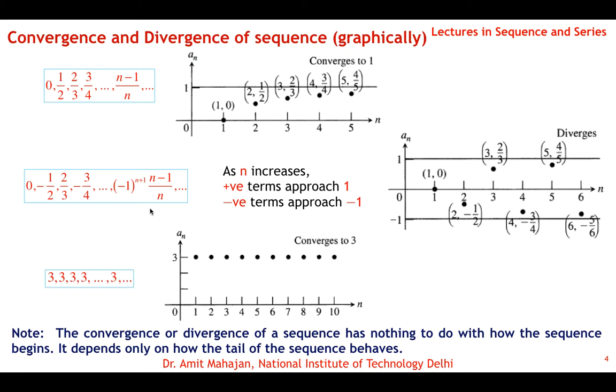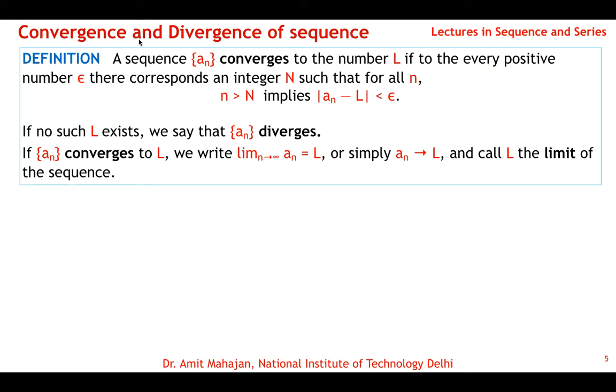Okay, so now mathematically, a sequence a_n converges to the number L if to every positive number epsilon there corresponds an integer N such that for all n greater than N, the modulus of a_n minus L is less than epsilon.